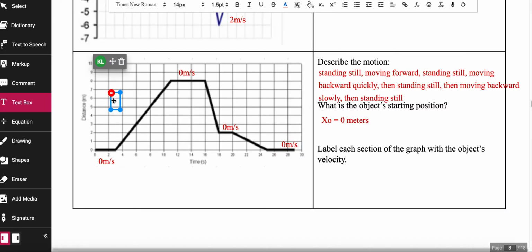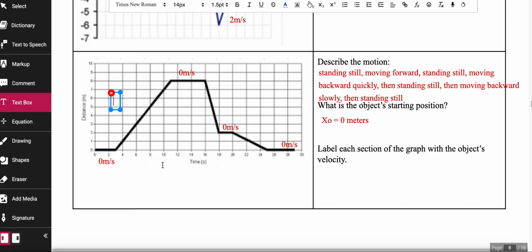So if I'm looking at this graph, I notice that my y-axis is counting by 1s and my x-axis is counting by 2s. So I need to make sure that I'm counting very carefully as I'm actually figuring out what my rise over run is.